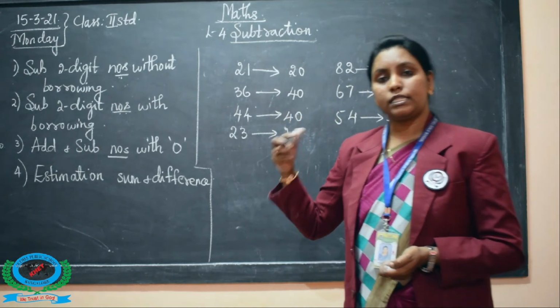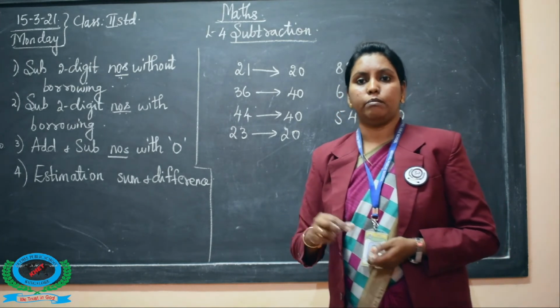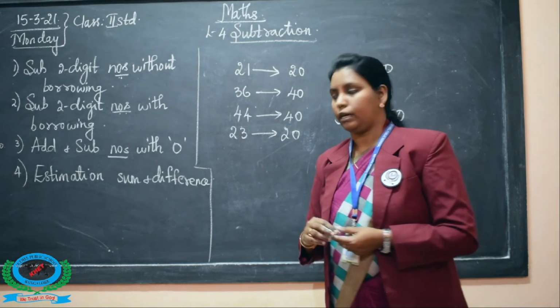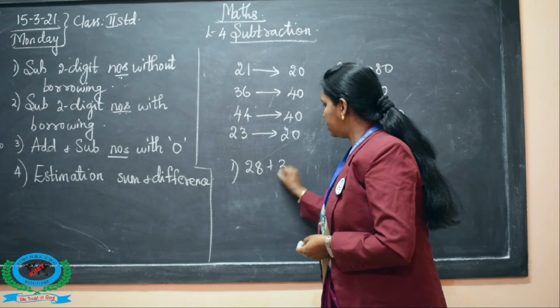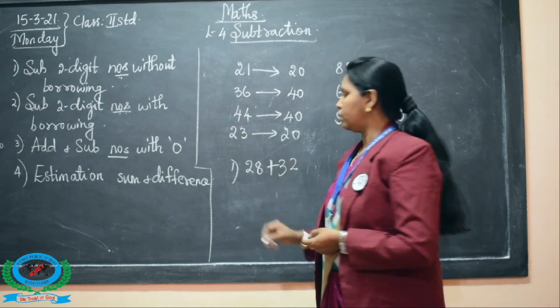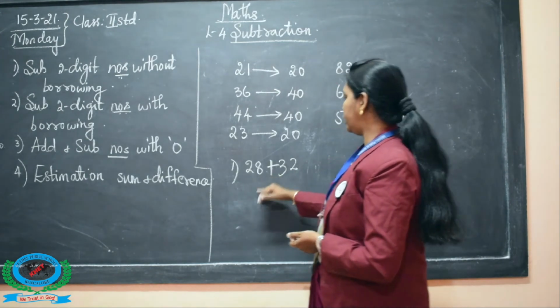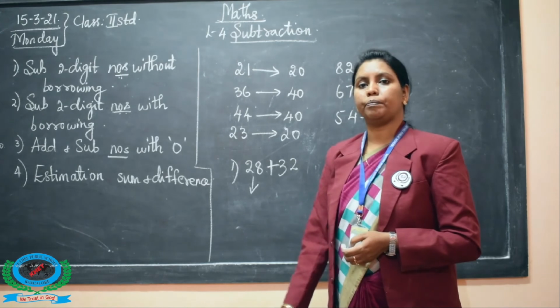Now the next step is how to add the estimated numbers, how to find out the sum of estimated numbers. For example, first is 28 plus 32. Here you have to find out the estimated sum of 28 and 32. What is the estimated number of 28?